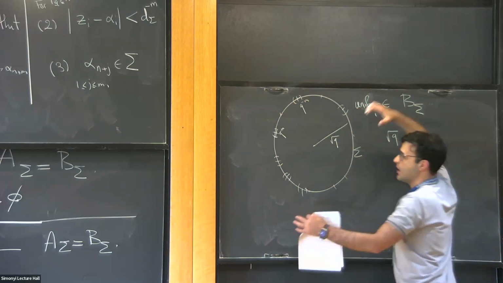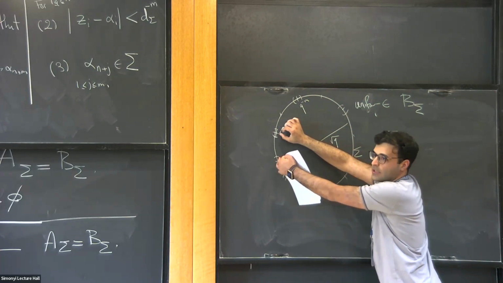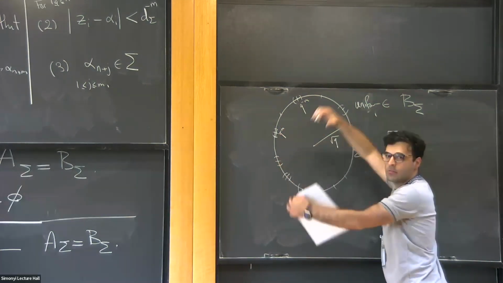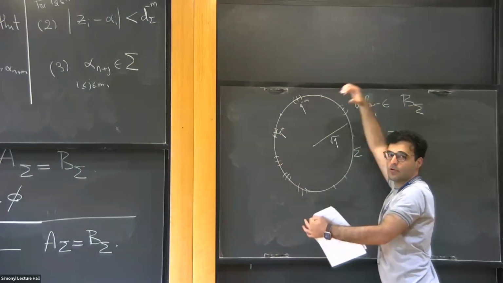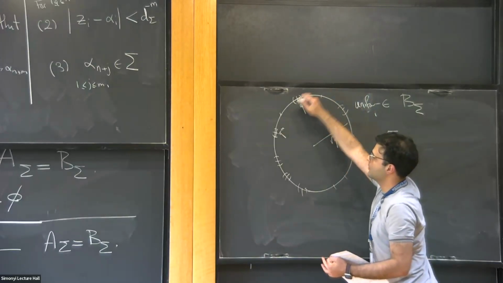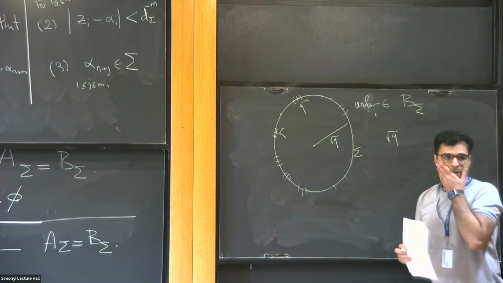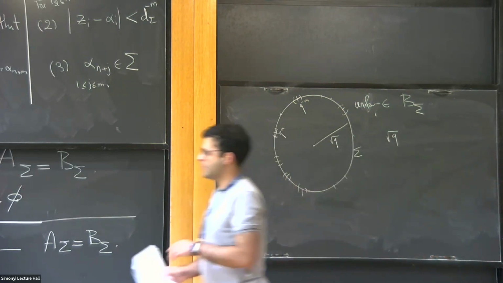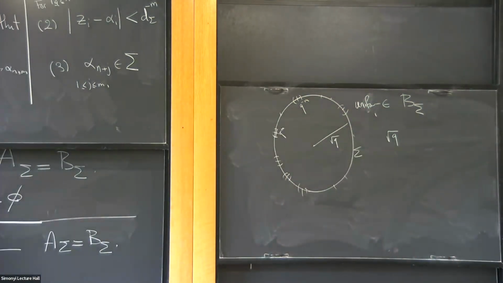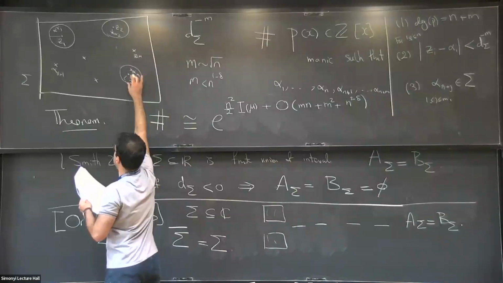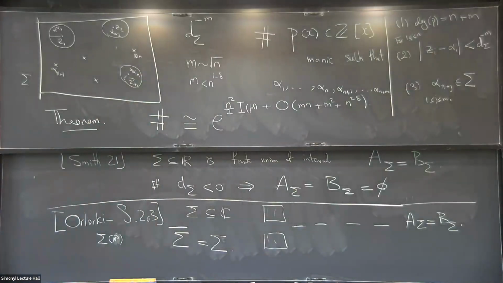If you let m grow, you can shrink these more, but there are more exceptions that you don't know how to handle. So that's the interplay, the intuition between this auxiliary parameter m and the size of this shrinking box.